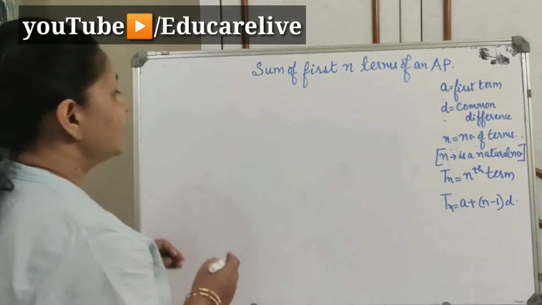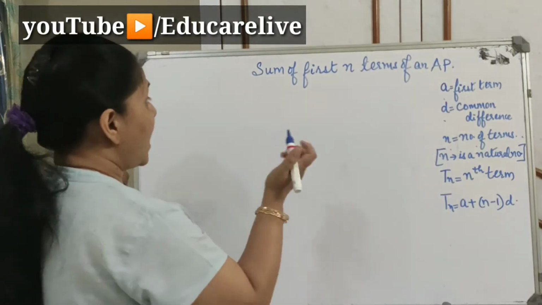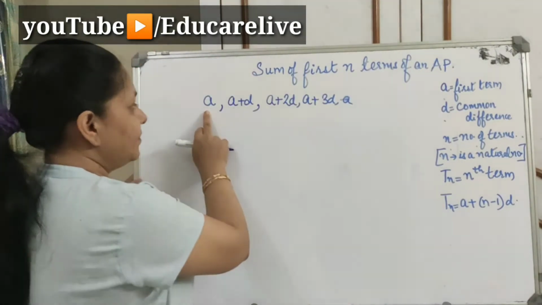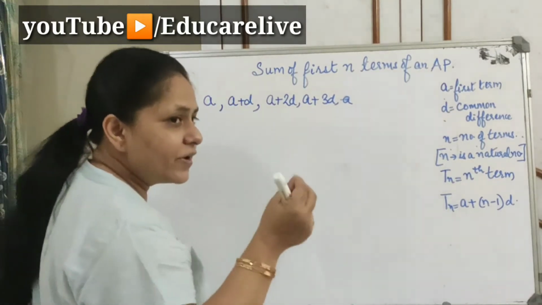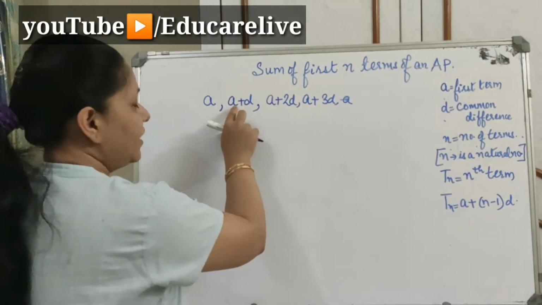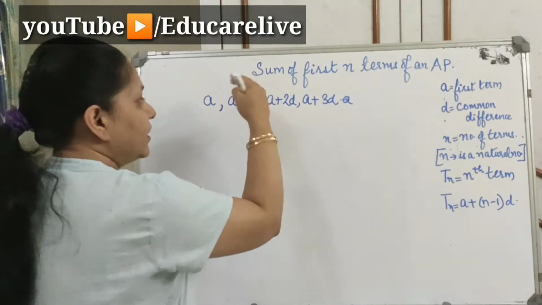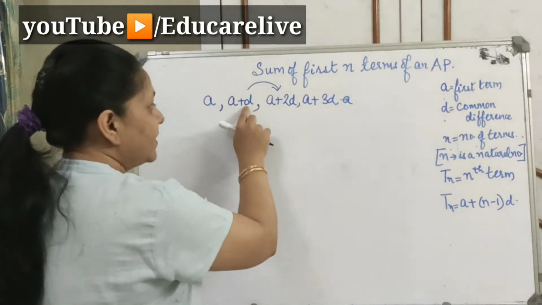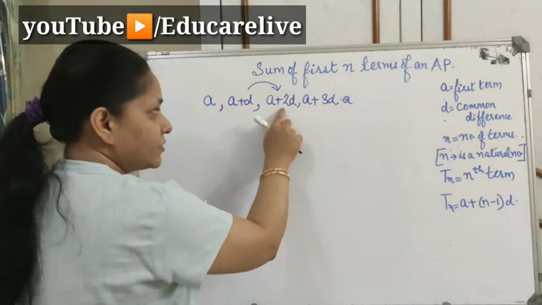Now let's see once again how an AP is formed. So we need to have the first term and then we add a fixed quantity to this A, that is A plus D. To the next term we are again going to add D. So A plus D gives you A plus 2D.